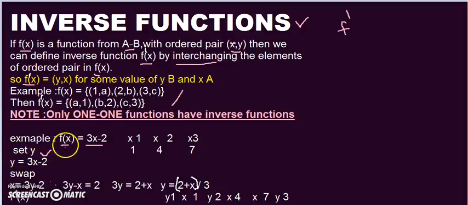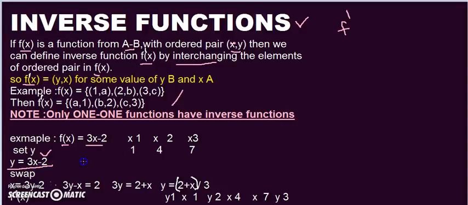So when I rewrite my entire expression, y is equal to 3x minus 2. Because I have set y in place of f of x, this is my first equation.